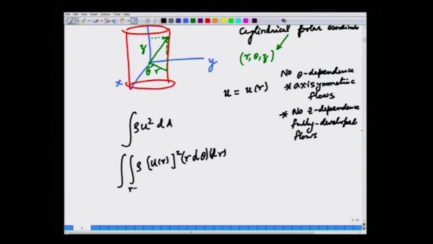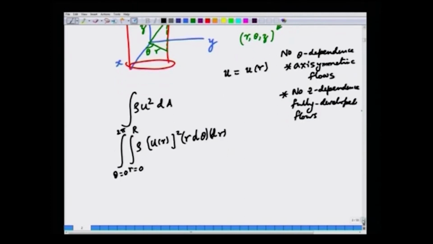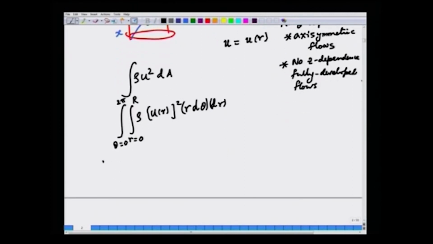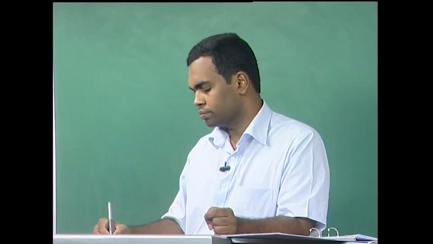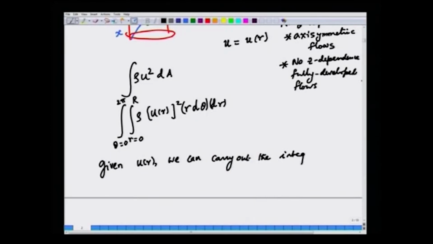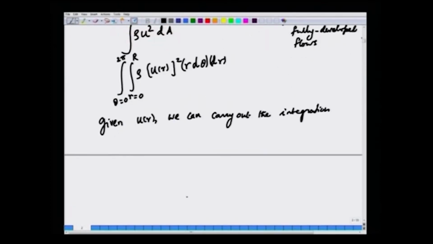So, you are integrating r from the center to the radius and theta from 0 to 2 pi. Okay. So, given u(r), we can carry out the integration to calculate the momentum flux term in the integral momentum balance, because in general the flow is not uniform. So, we have to do this in order to calculate the flux terms.